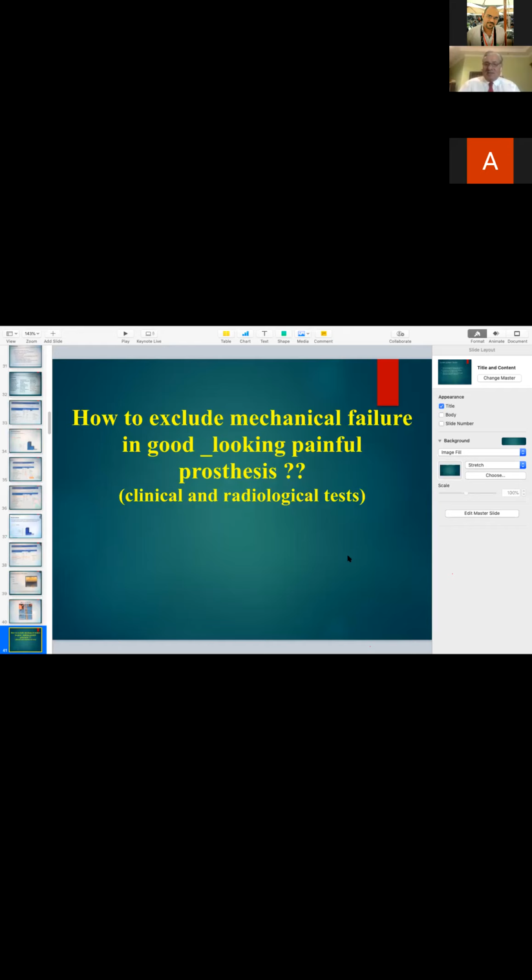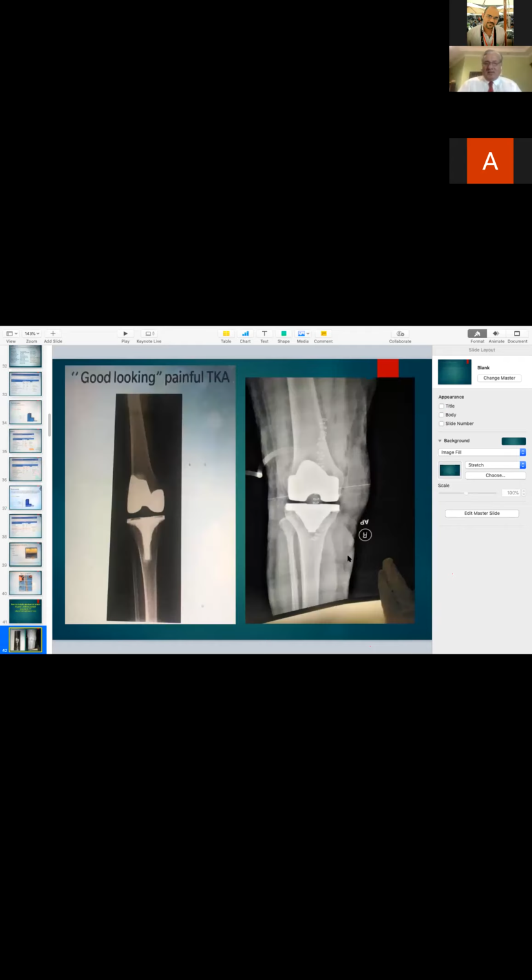We concentrate on clinical and radiological tests that guide us to one of the reasons for the pain. And we say this is a good-looking painful knee. Everything is perfect, but still the patient is suffering, saying there is pain. When you look at the X-ray and the parameters, everything is normal, but the patient suffers. There is a painful knee.